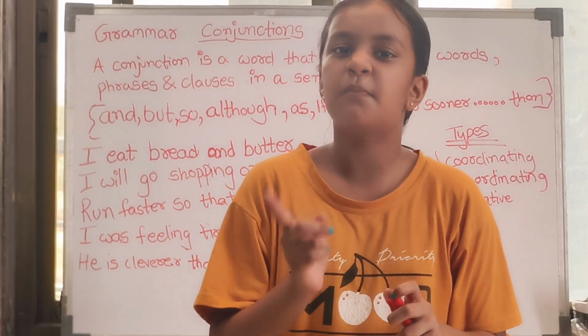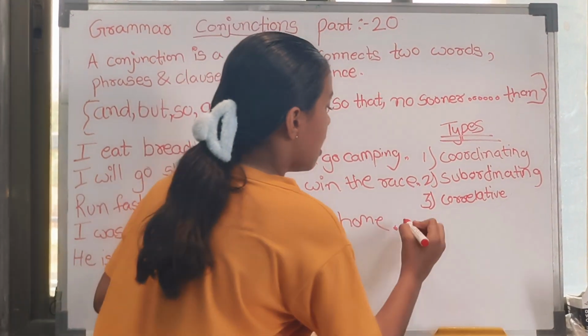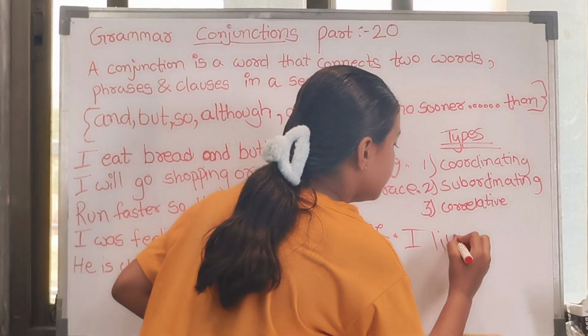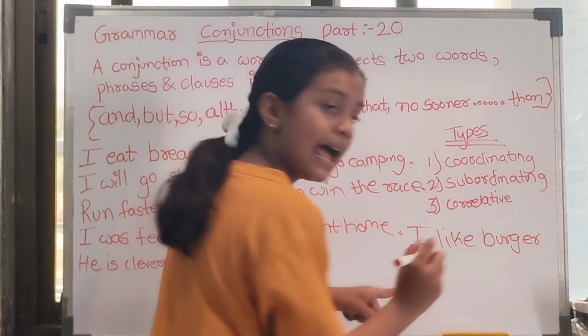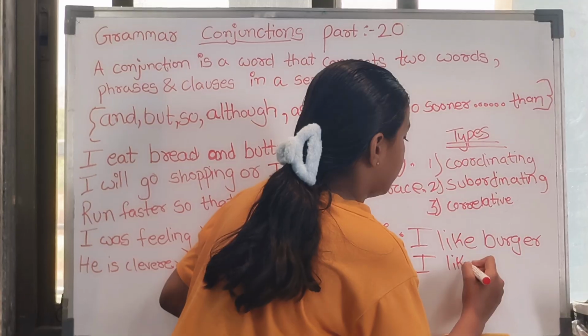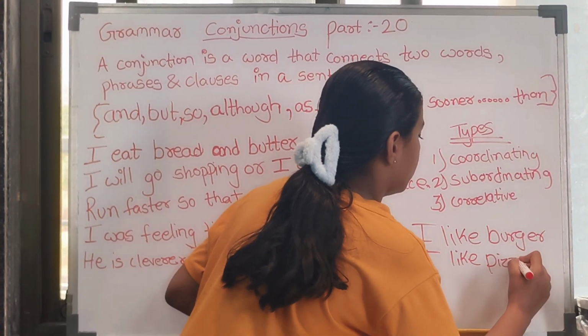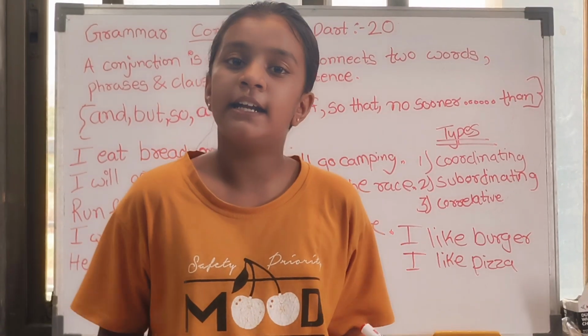Sometimes, for example, I have two sentences. I like burger. And I will again write, I like pizza. Now you will ask, teacher, why are you writing double times?